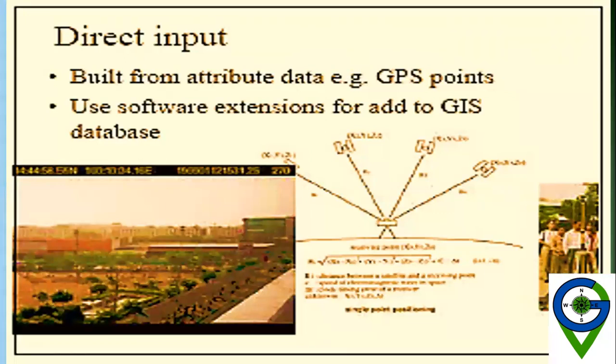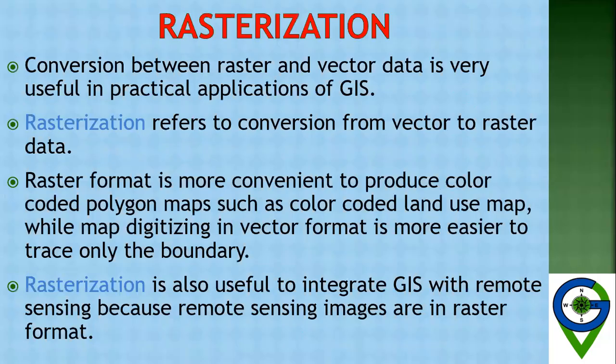So direct input can be done from attribute data, that is to say GPS points, using software extensions to add to the GIS database. Then conversion between raster and vector data is very useful in practical applications of GIS. Rasterization refers to conversion from vector to raster data.